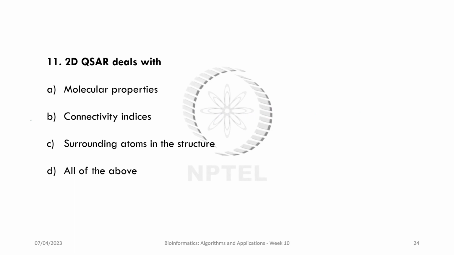Question 11. 2D QSAR deals with option A molecular properties, option B connectivity indices, option C surrounding atoms in the structure, and D all of the above. Amongst QSAR we have the ones discussed in lectures.